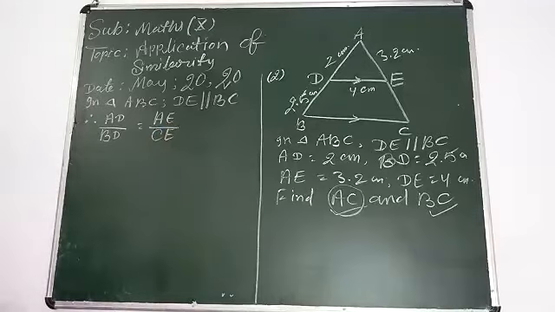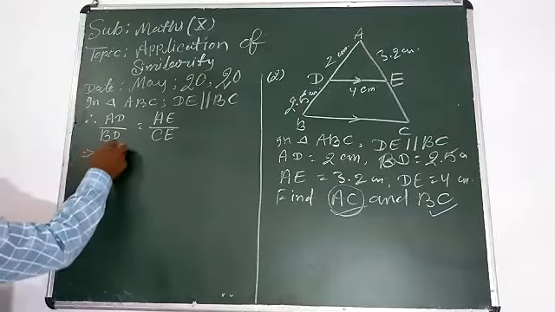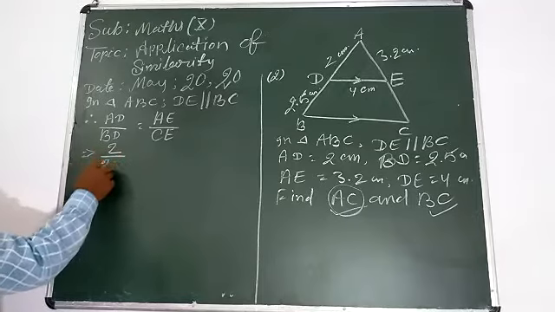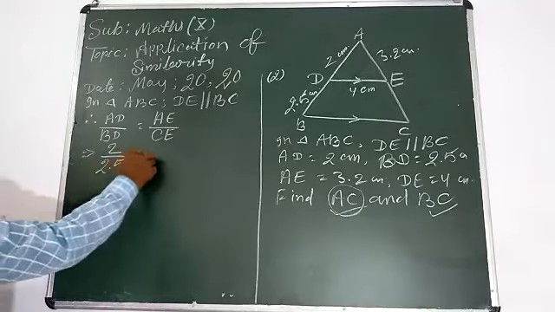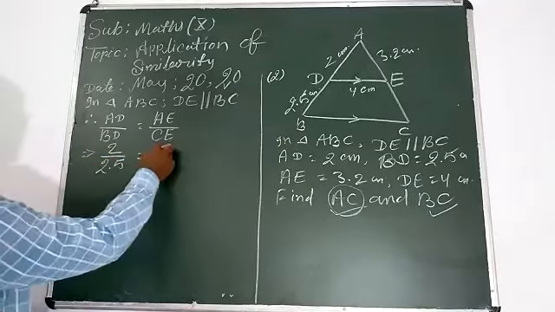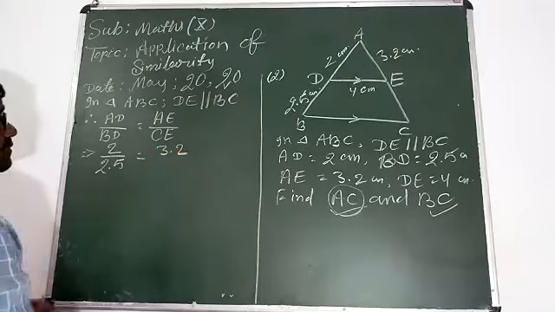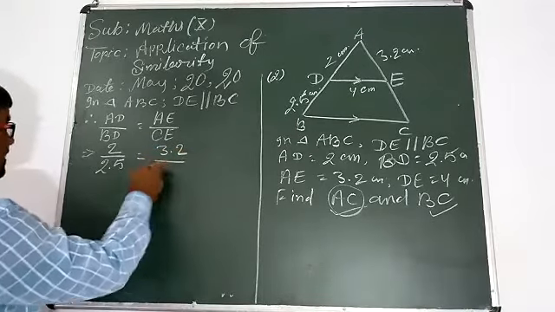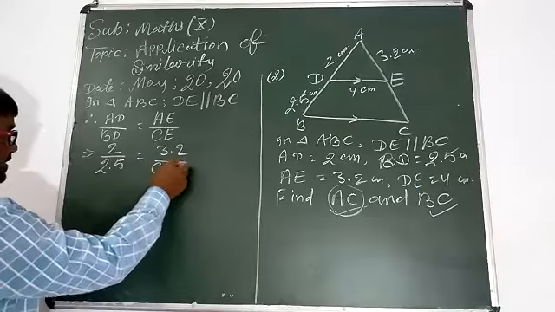AD is 2, BD is 2.5, AE is 3.2, and CE is unknown. This is your requirement.